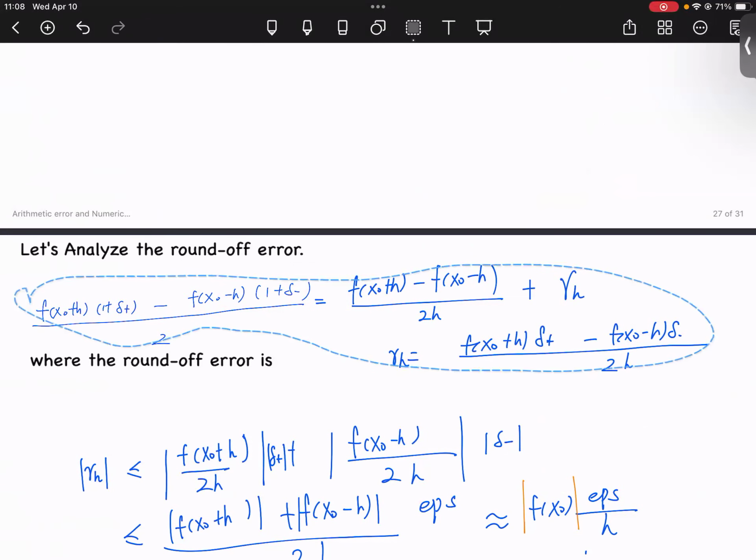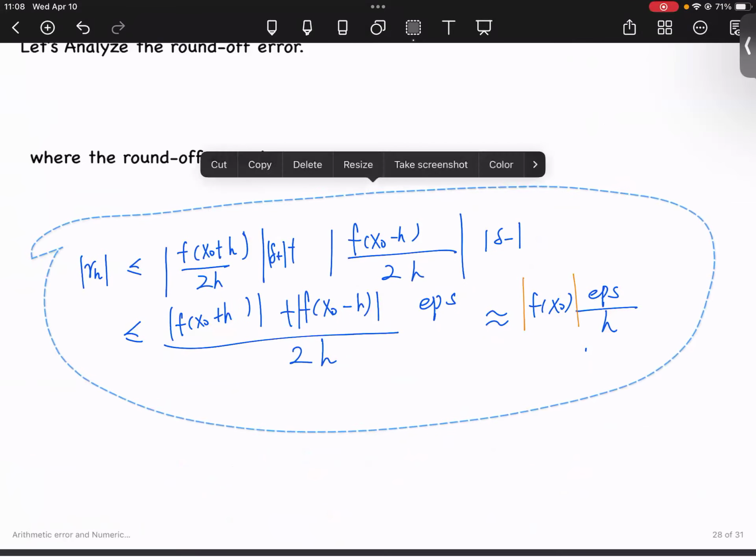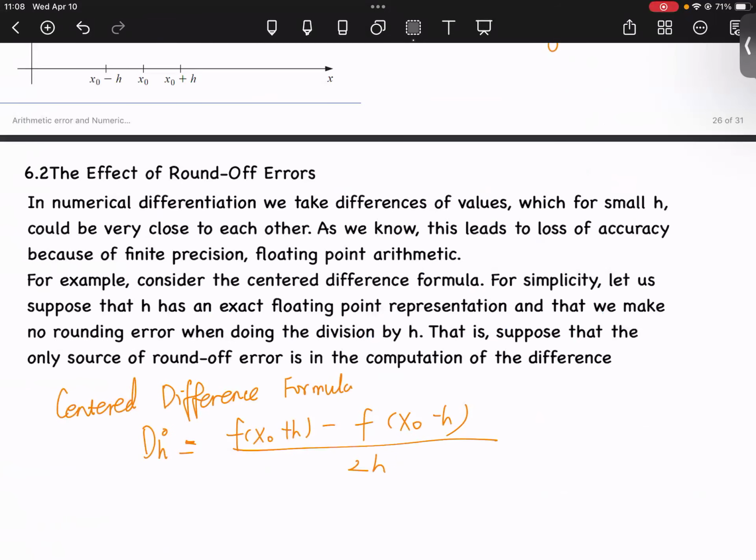And let's see if we count the rounding-off errors into the finite difference formula, what do we have? So let's say we have some rounding for this value, and then some rounding for this value.